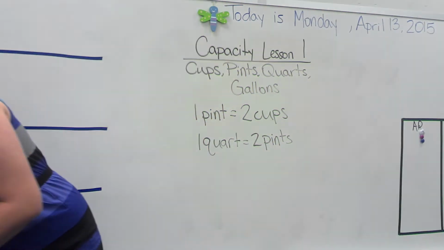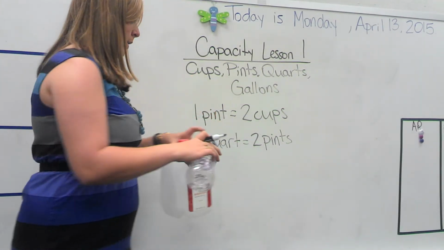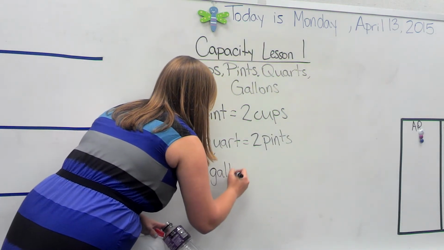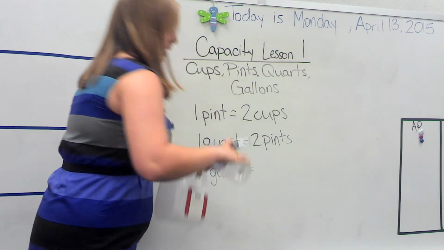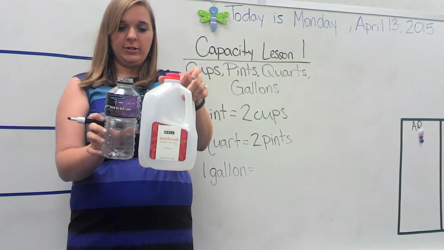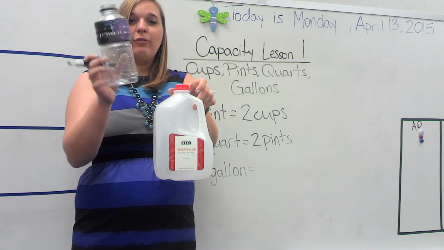Okay? And the last one, quarts to gallons. Okay? Now you might see a pattern going on, but this is going to mess that all up. Okay? 1 gallon is not equal to 2 of these. This jug, 1 gallon, is actually equal to 4 of these.